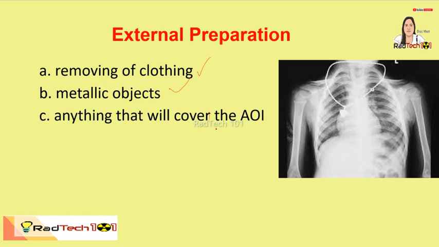Failure to perform this external preparation may result in a double dose of radiation to the patient. Because when there are metallic objects, buttons, and other structures covering or superimposed on our structures, we may need to repeat the examinations, and that will entail additional patient dose and unnecessary exposure.